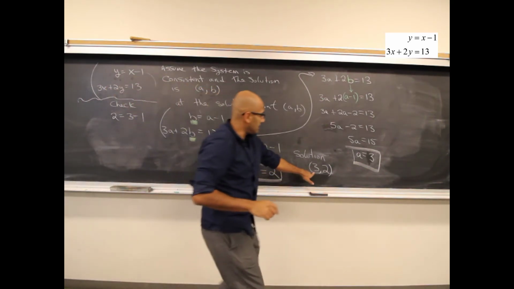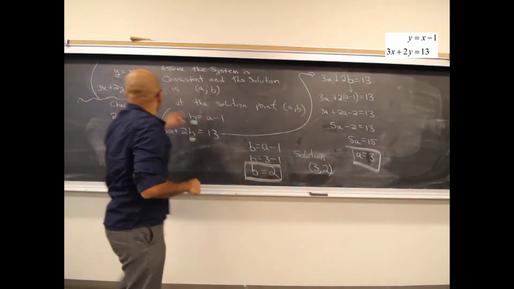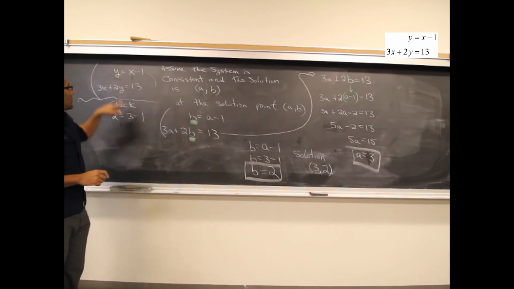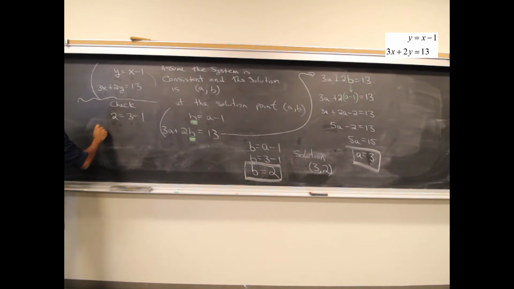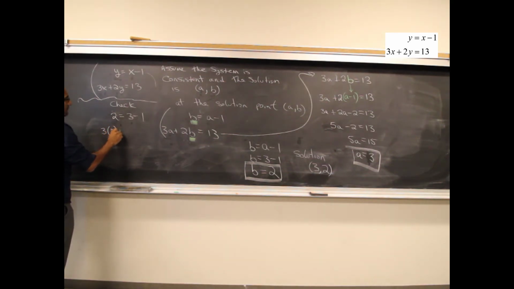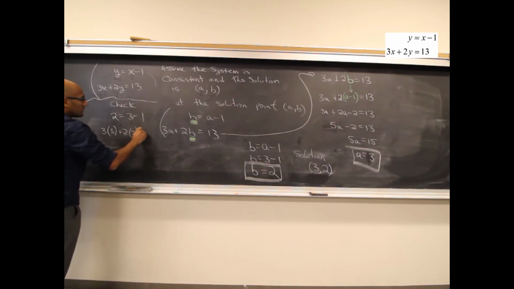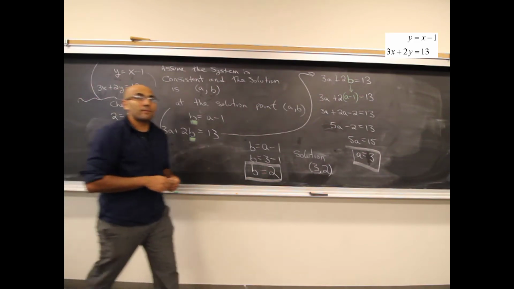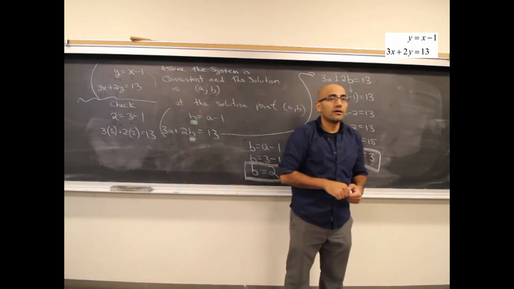Yes, this is the x, this is the y. So if I replace x equals 3, y equals 2, I get that. That's true. What about over here? If I rewrite this as 3 times 3 plus 2 times 2, does that equal 13? 9 plus 4 is 13. Yep, it worked out. This is the ordered pair.